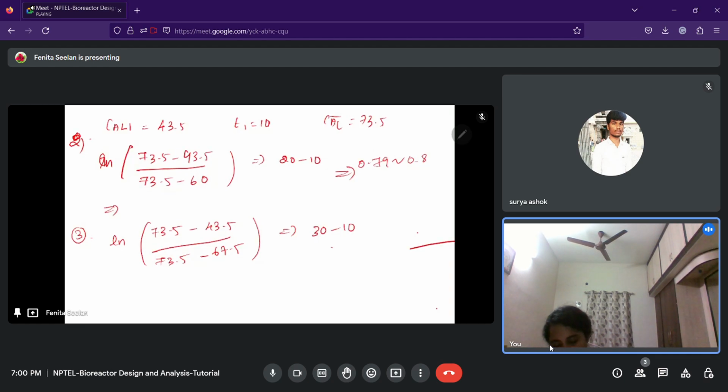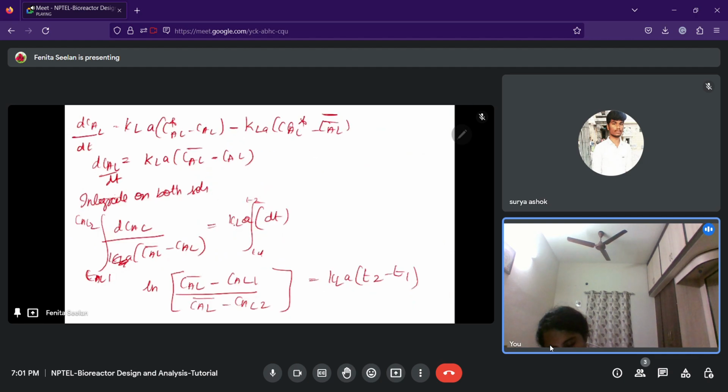So what would be the answer of this? This is 10. So 0.8 and 10, you can fill it here.